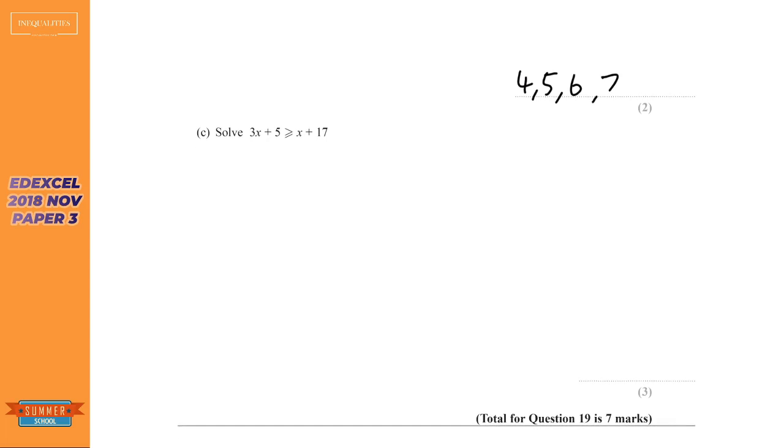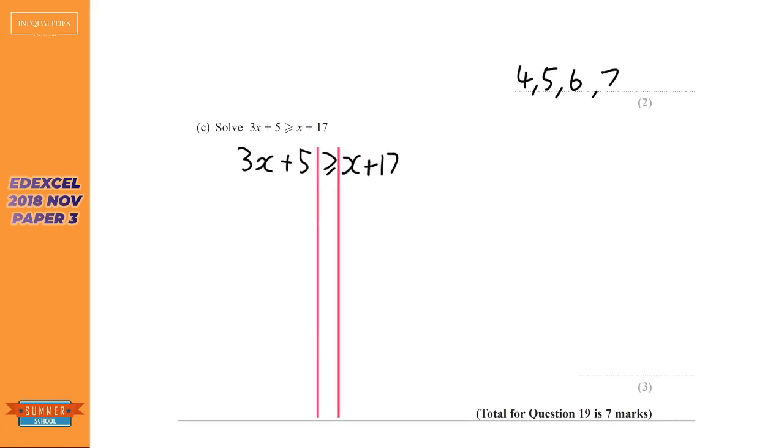Right. Next we've got a solving question. So I'm just going to write it out a bit bigger, just so we can all see it a bit easier. And I'm going to put my lines in here. Now there is a rule with this. That when you've got x's on both sides, you always deal with the smaller amount of x.